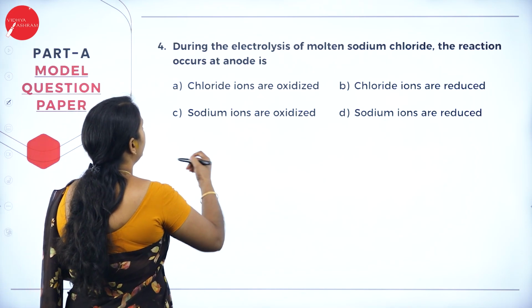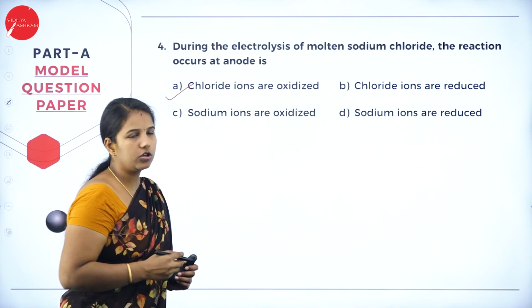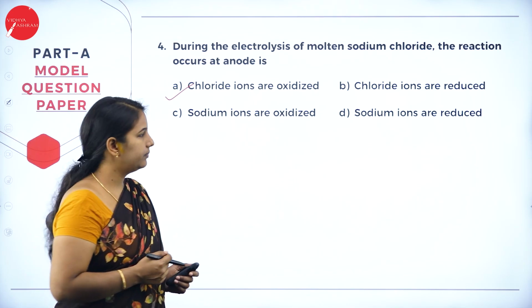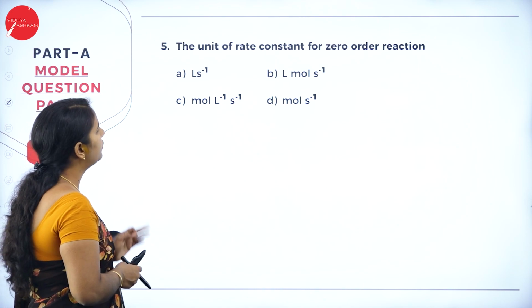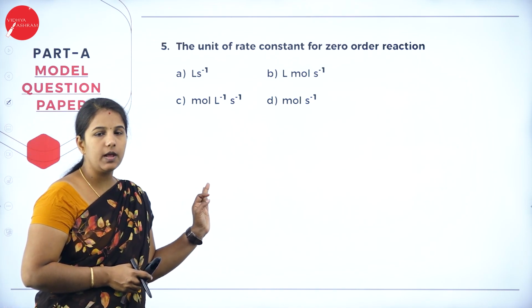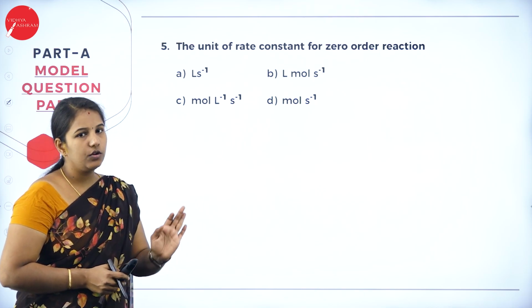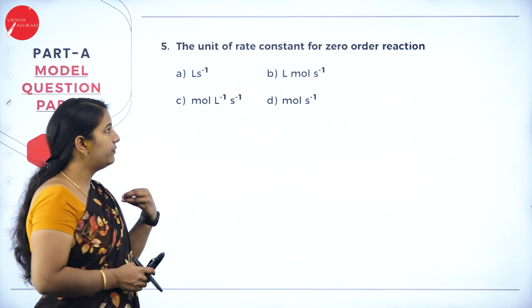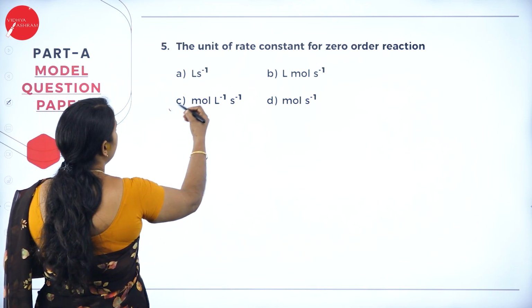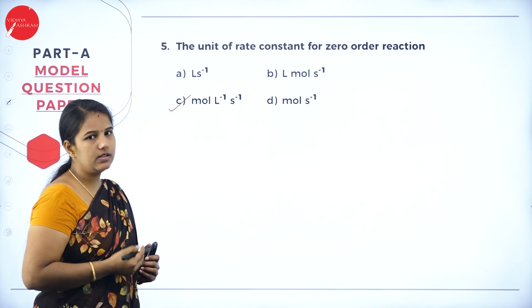So the chloride ion gets oxidized at the anode. Next, the unit of rate constant for a zero order reaction. This is a question from chemical kinetics, that is unit 4. What is the unit for the zero order reaction? As we know, it is nothing but mole per liter per second.